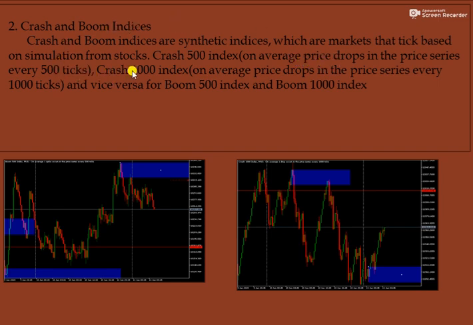On the Crash 1000 index, on average, price drops every 1000 ticks, and vice versa for the Boom 500 and Boom 1000 indices. On the Boom 500 index, on average price spikes every 500 ticks, and on the Boom 1000 index, on average price spikes every 1000 ticks. This is a graphical representation of the boom and crash index.